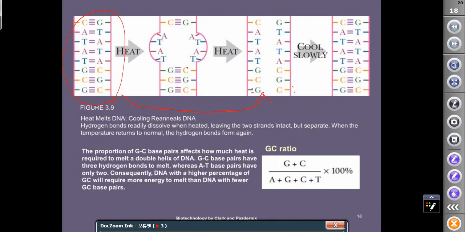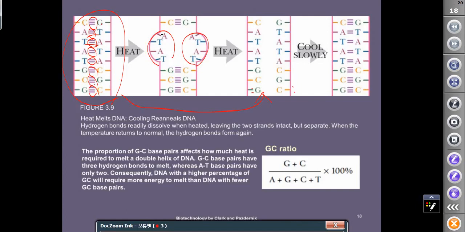Heat the DNA, then this bond stays. What are these bonds? They are hydrogen bonds, right? These bonds start to break due to the heat. They break starting from the AT bond, because they have only two hydrogen bonds. C and G have three hydrogen bonds. They are harder to break.